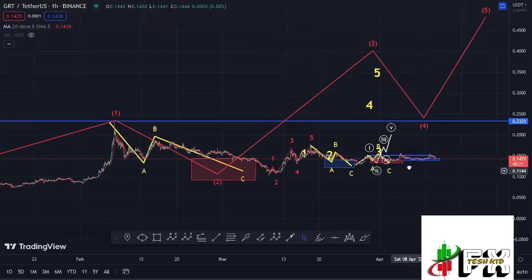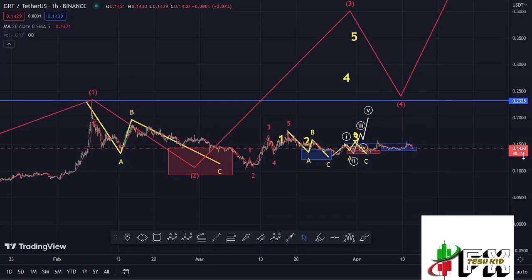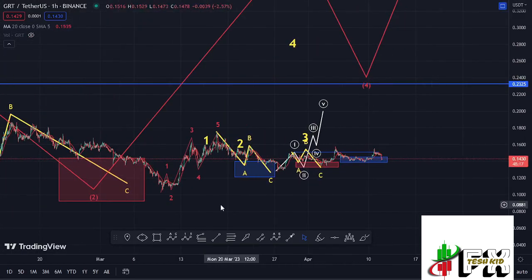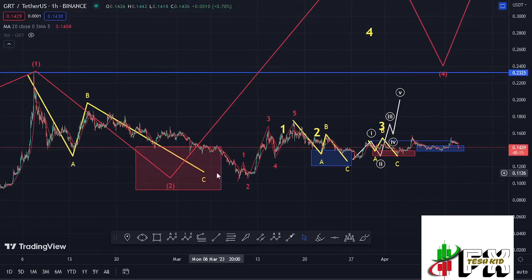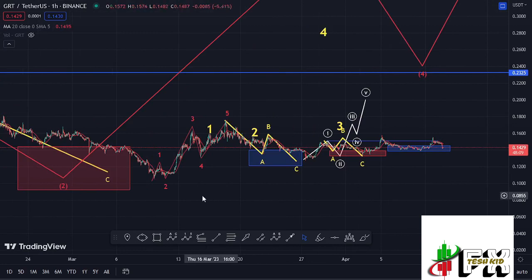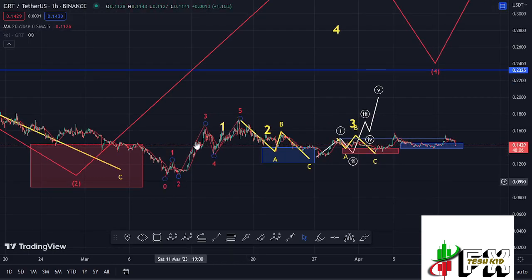Here on the 1-hour chart you can see that I have these micro Elliott wave counts, where you can see that after bottoming out in the formation of this wave 2 within the red target area, we started seeing higher prices in this 5-wave structure in formation, having the wave 5 giving us the high for that higher Elliott wave count 1.